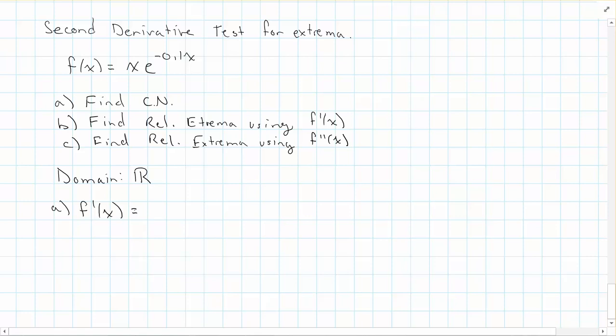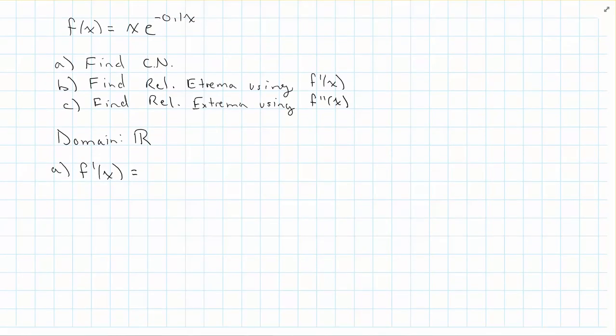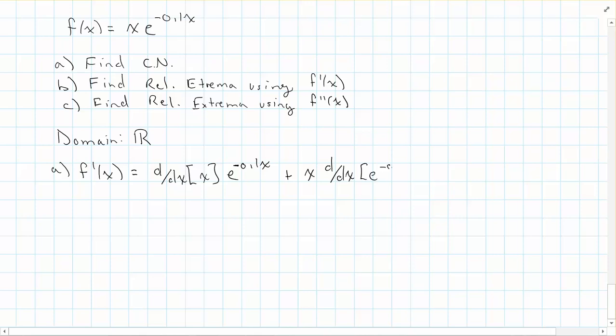Now, we should be getting kind of used to doing these product rules and other things like this. So this would be, using the product rule, the derivative of the first, so it'd be the derivative of x times e to the negative 0.1x plus x times the derivative, e to the negative 0.1x.